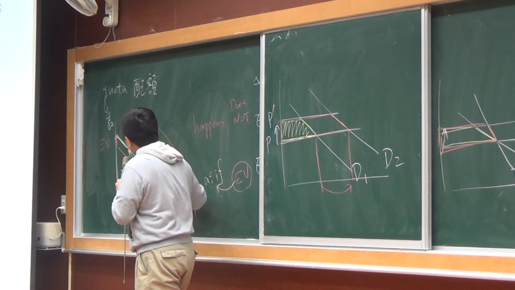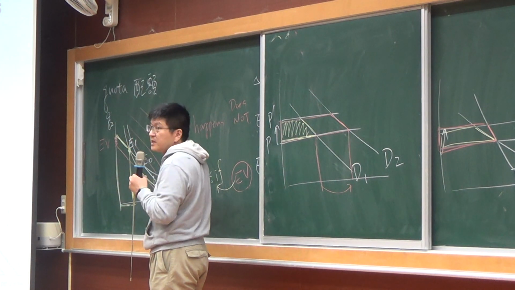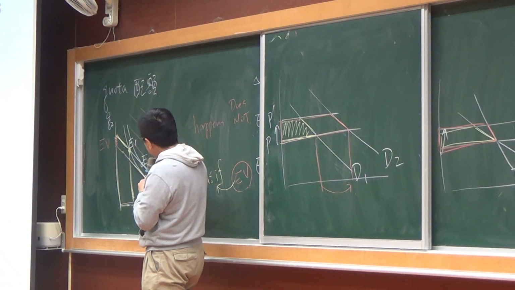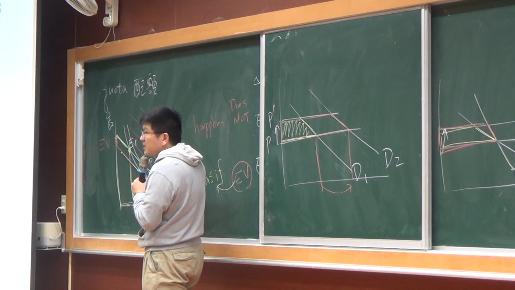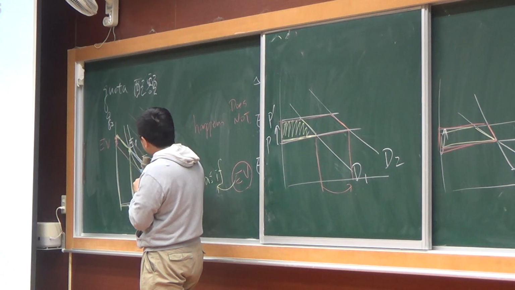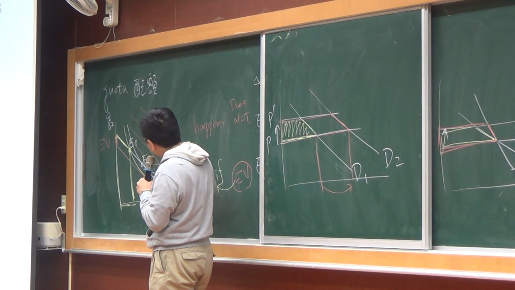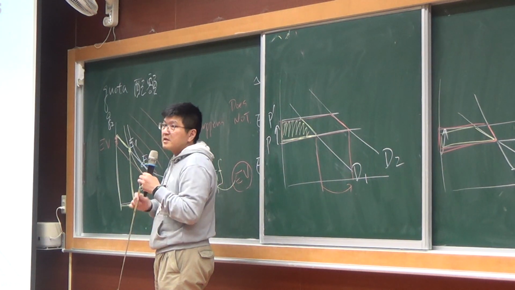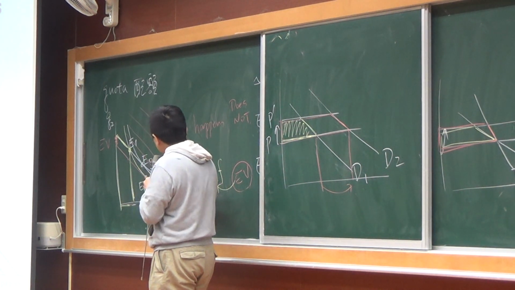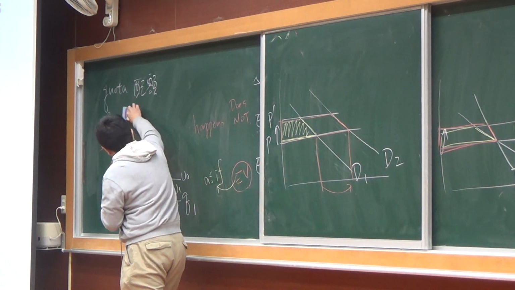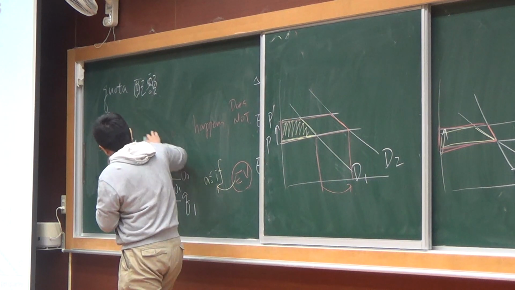It's a complete triangle. But this triangle with the budget line here will be the same as if you implement the policy, because E1 and E2 fall on the same indifference curve. Is that clear?